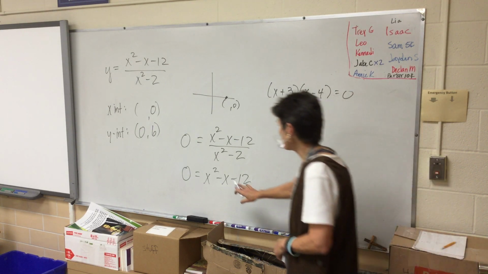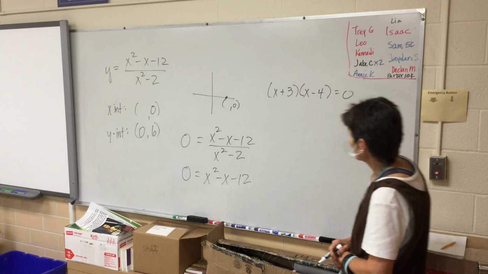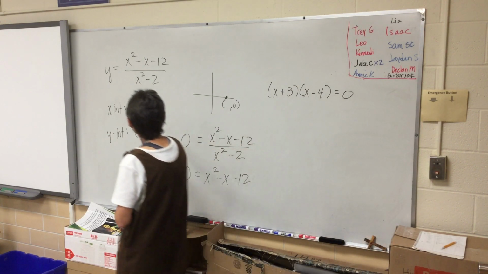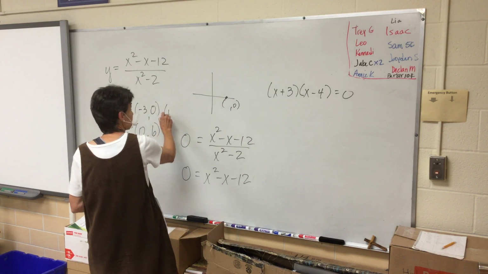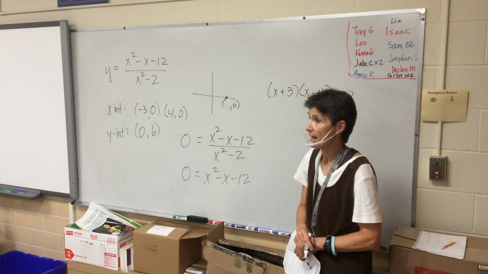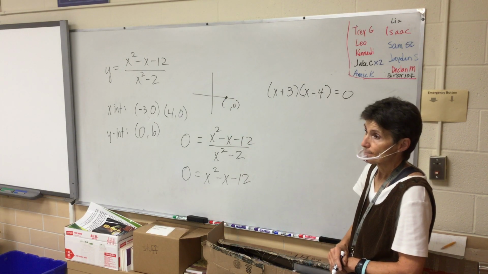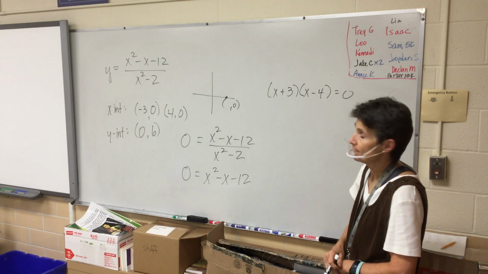You're figuring out the x's that give you a 0. So it looks like there's 2 of them. -3 and 4. So whatever this picture looks like, it crosses the x-axis twice, which is fine.